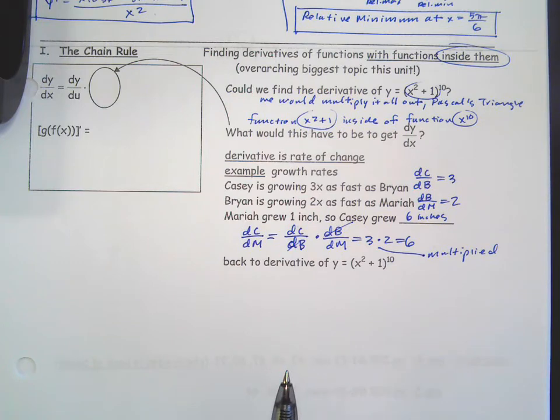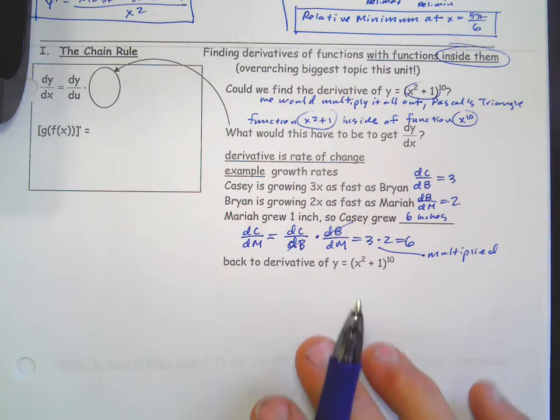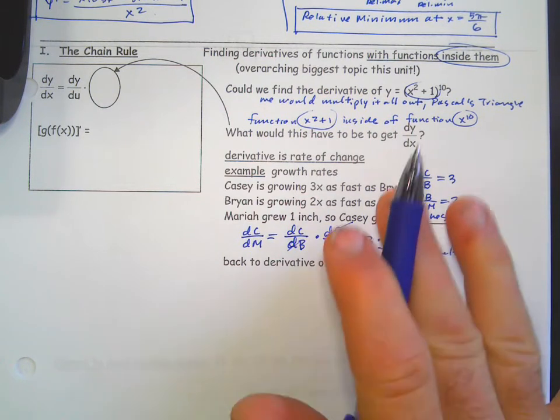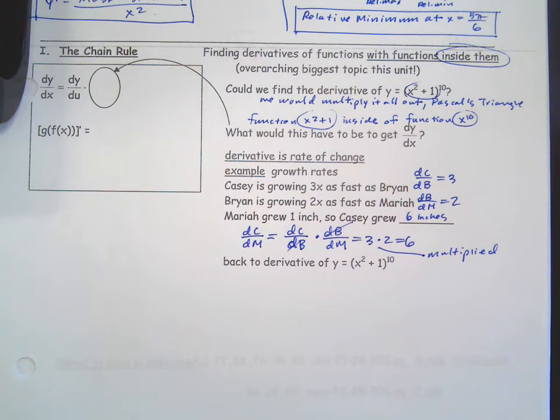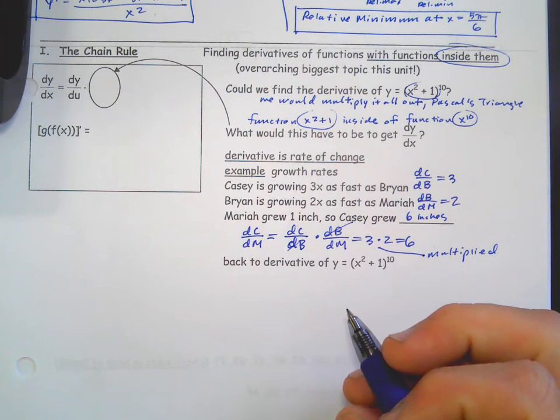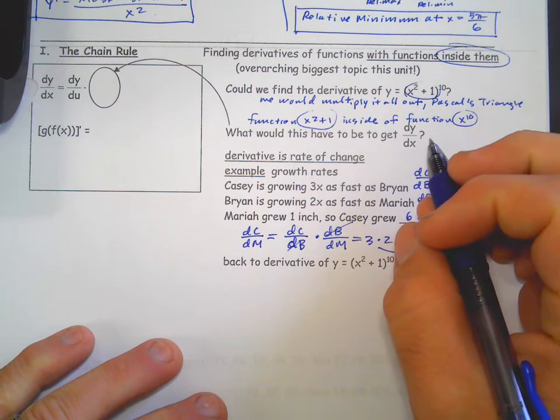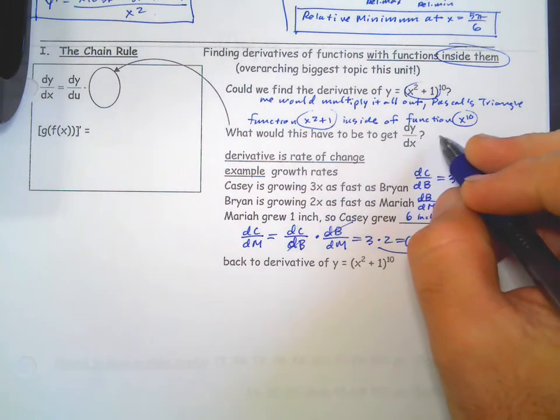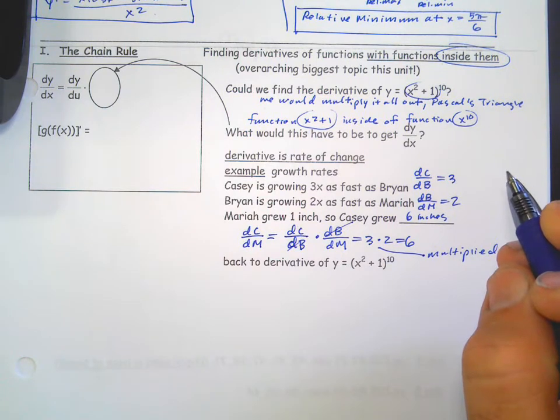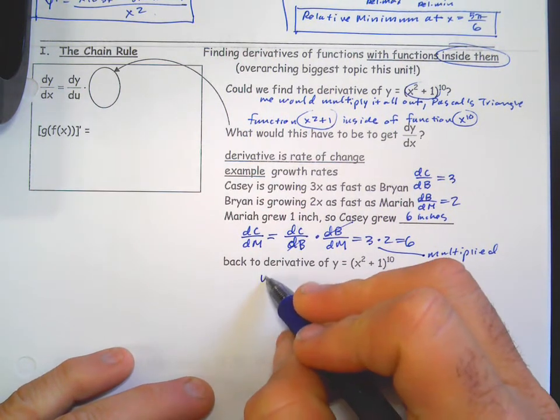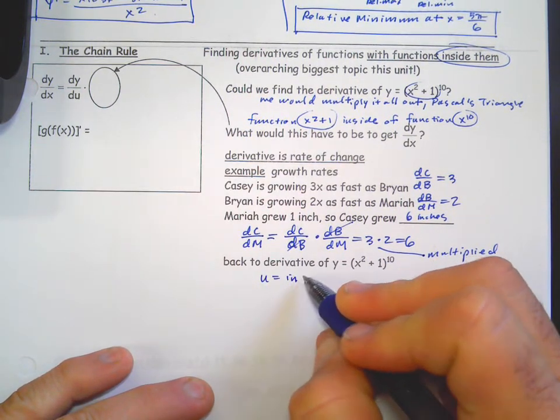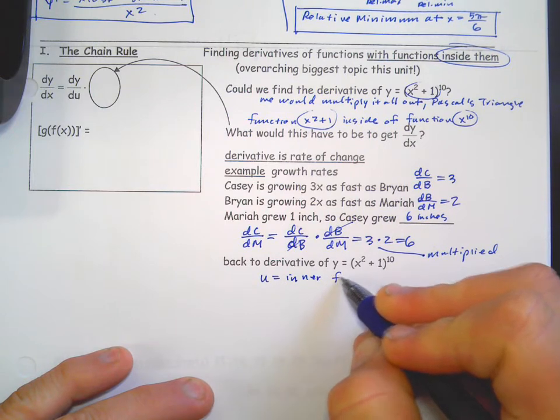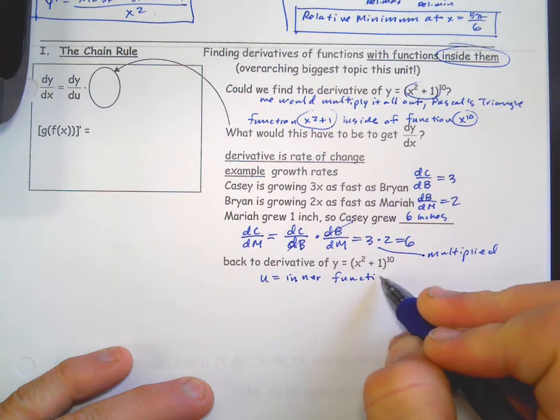Now, what I want to do is look at how we relate that to the problem we've been doing. The way we're going to do this is use that idea and call the inner function u. So u is going to equal the inner function.